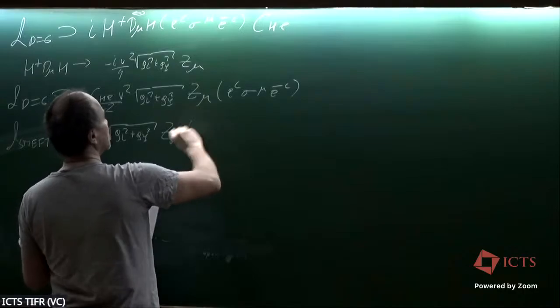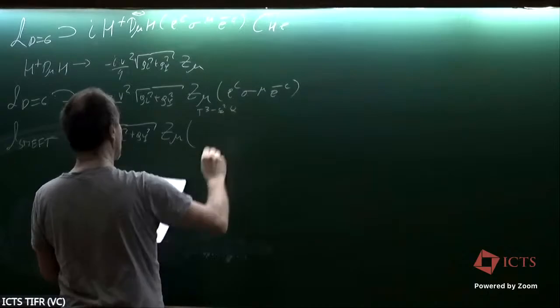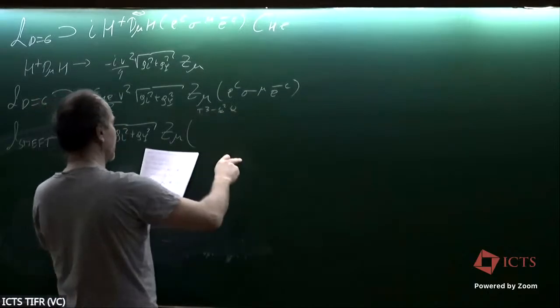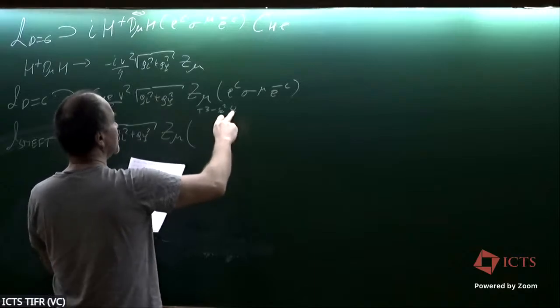So Z couples via T3 minus sine theta squared Q. T3 is 0 for right-handed electrons, so there is only this piece, and Q is -1.